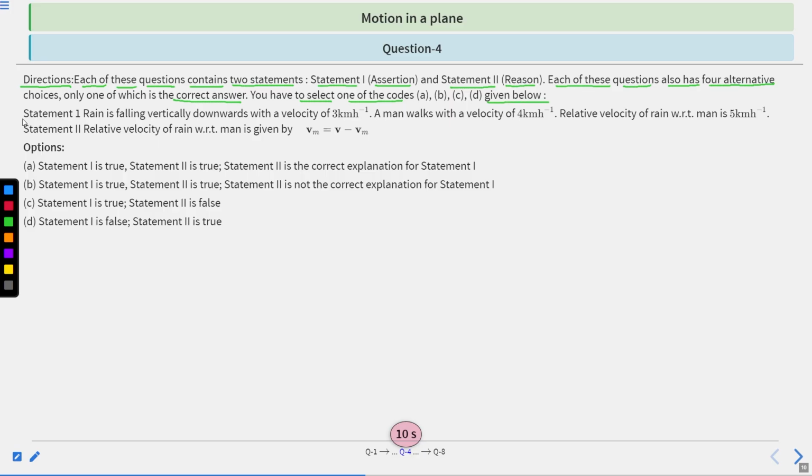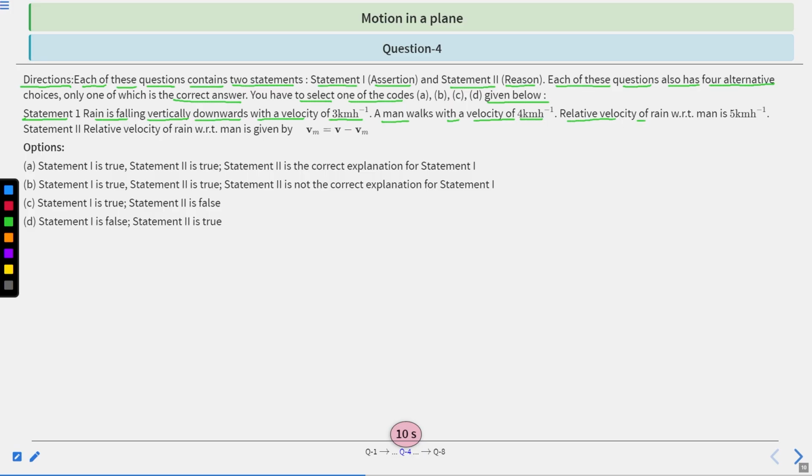So the question. Statement first: rain is falling vertically downwards with a velocity of 3 km per hour. A man walks with a velocity of 4 km per hour.